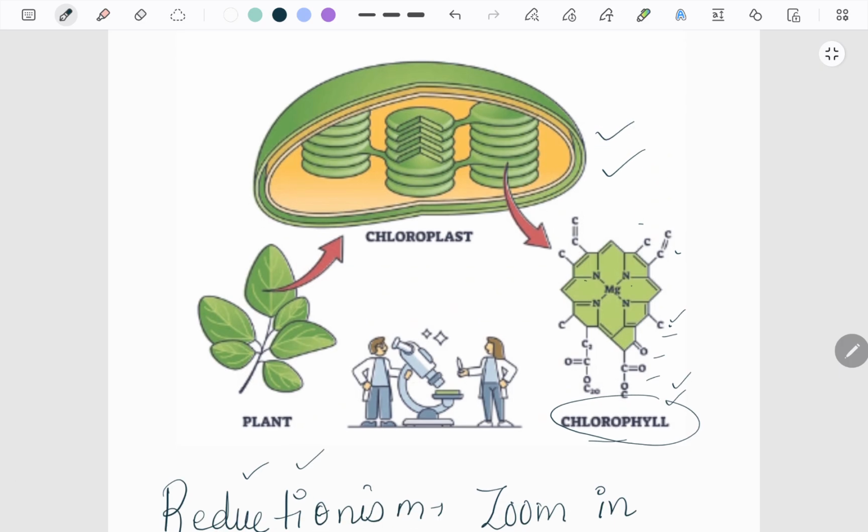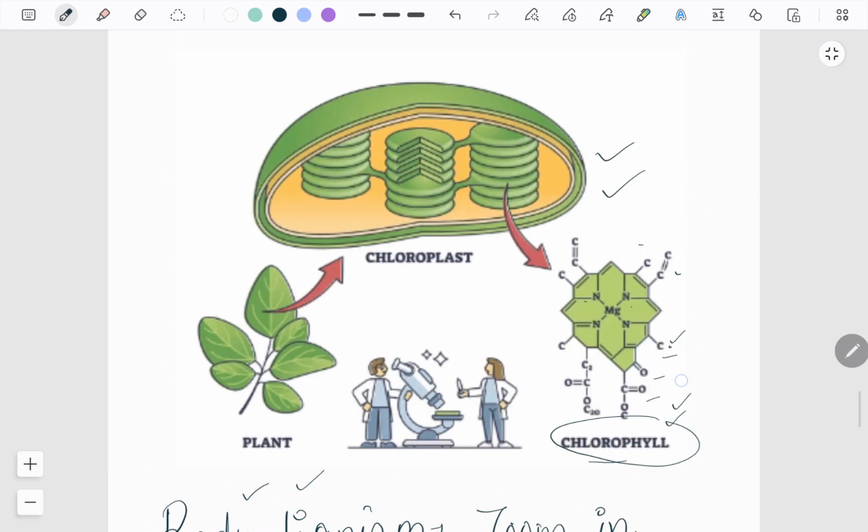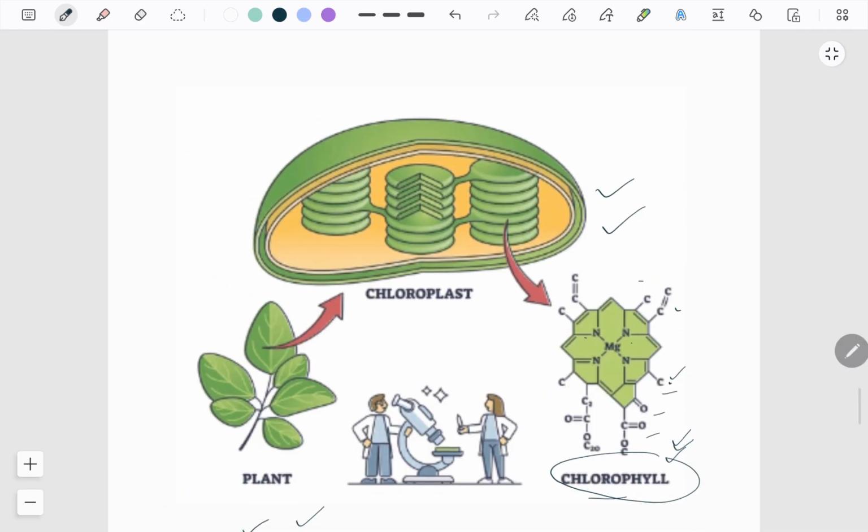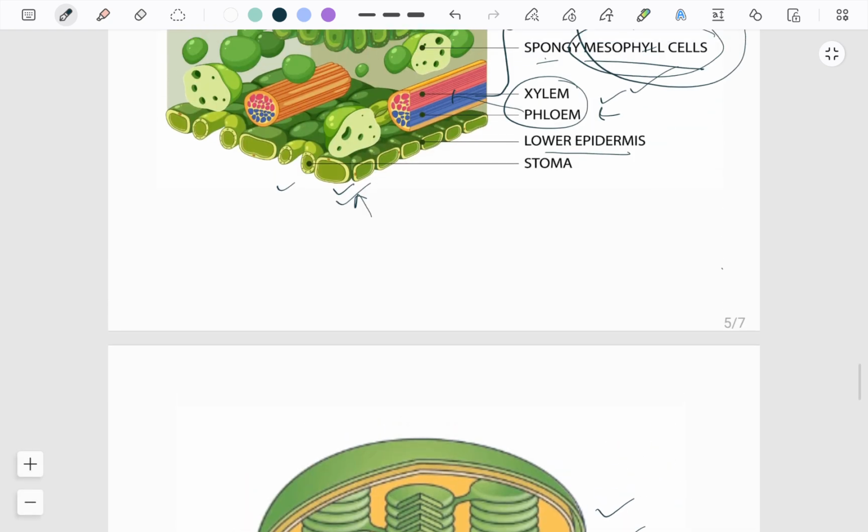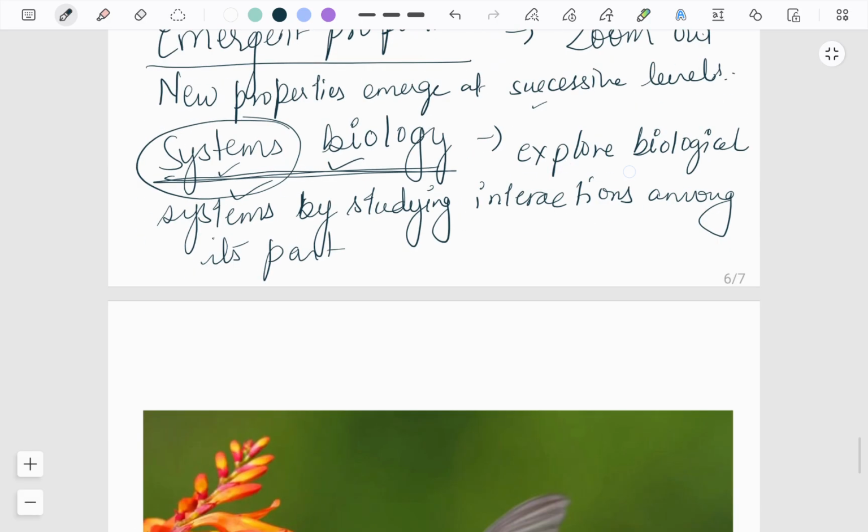We can study the interactions of chlorophyll with other molecules, and those things will make up the light reactions. Then inside the chloroplast you study the light reactions and dark reactions, all of which we will study later, the different reactions in photosynthesis. Simply, we have to study the interactions.